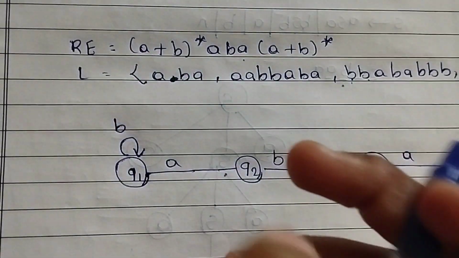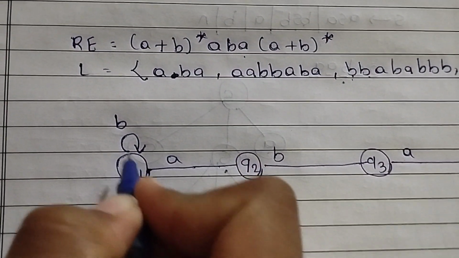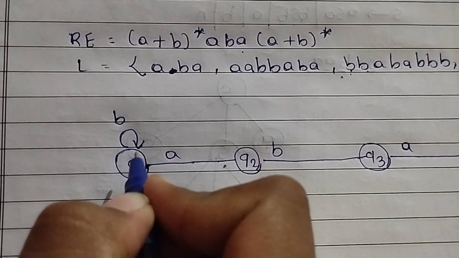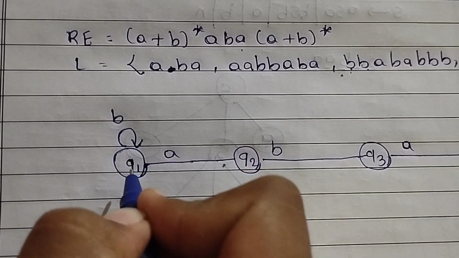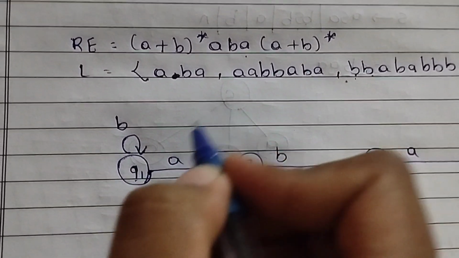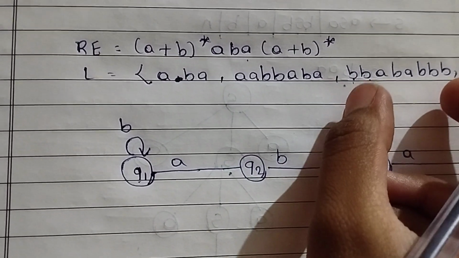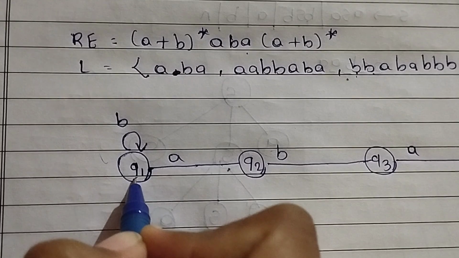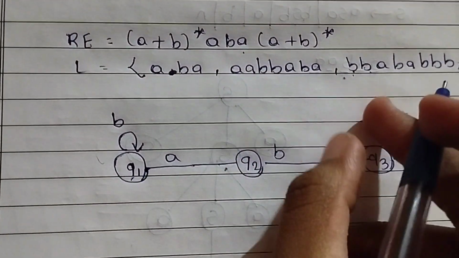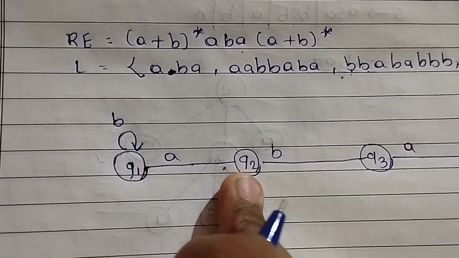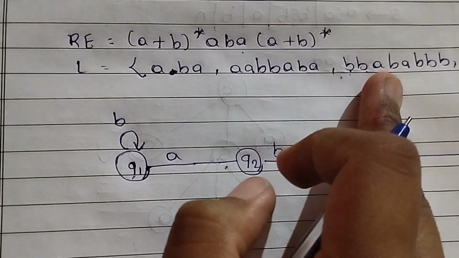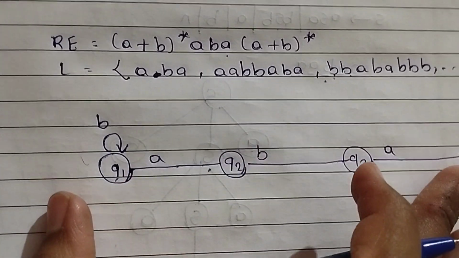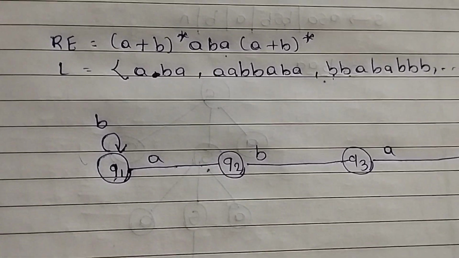If the string starts with B, it stays in Q1, and again B comes, again it stays in Q1. Then we read A, we transfer here, then we read B, and then A. In this way we do the actions.